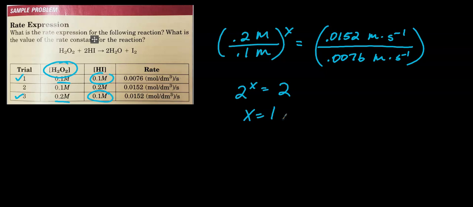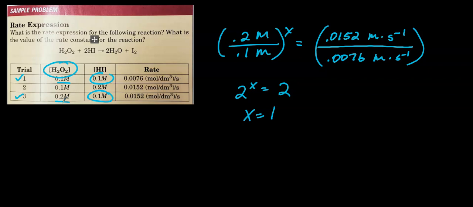First order means however much you change the concentration by, the rate will change by the same factor. Meaning if you double the concentration of, let's say you double the concentration of H2O2, it will cause the rate to double as well.